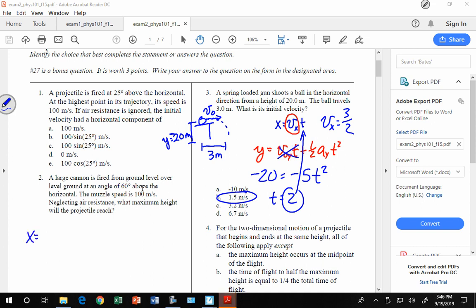So x is equal to Vx t, and then also y equals V0y t plus 1/2 ay t squared, and Vy equals V0y plus ay t. There was another companion equation. It looked like this, but it was just Vx equals V0x. So it just says that Vx doesn't change, that the velocity in the x direction is equal to the initial velocity in the x direction.